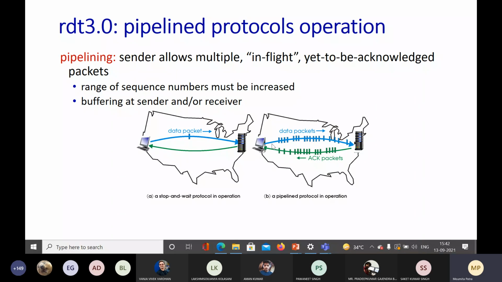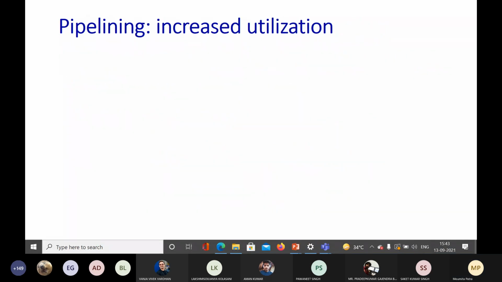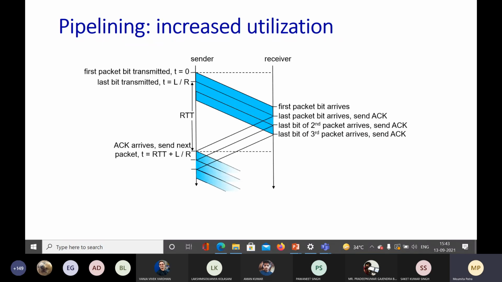If you can see in this figure B, a large number of packets are being sent over the medium, and then corresponding acknowledgement packets are also sent one by one, and the sender is not waiting for acknowledgement of any of the packets. So let's see how it increases the utilization.